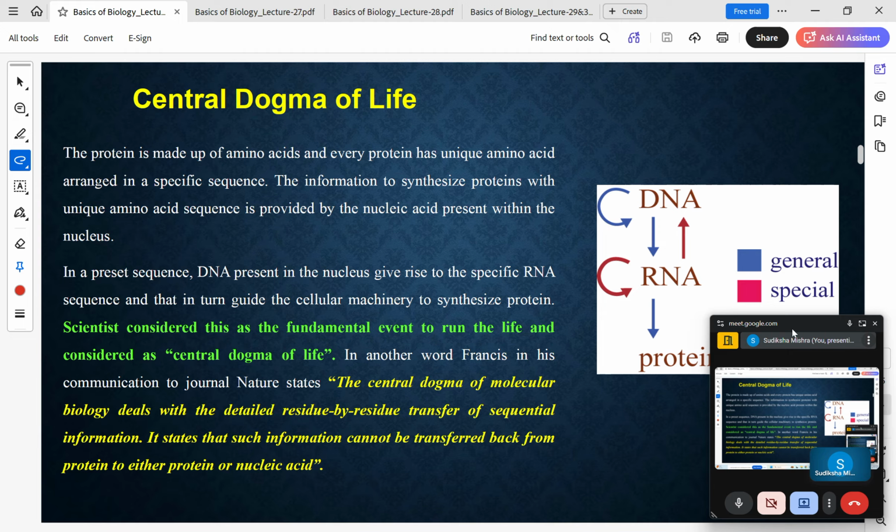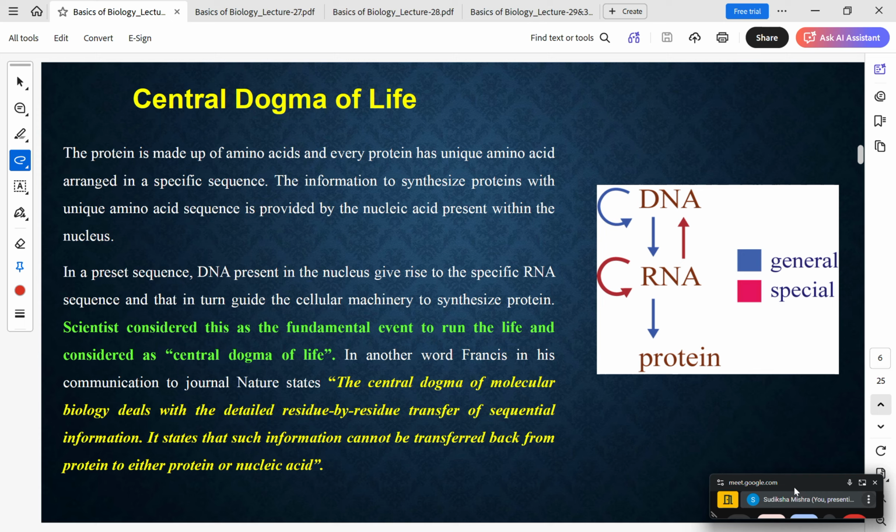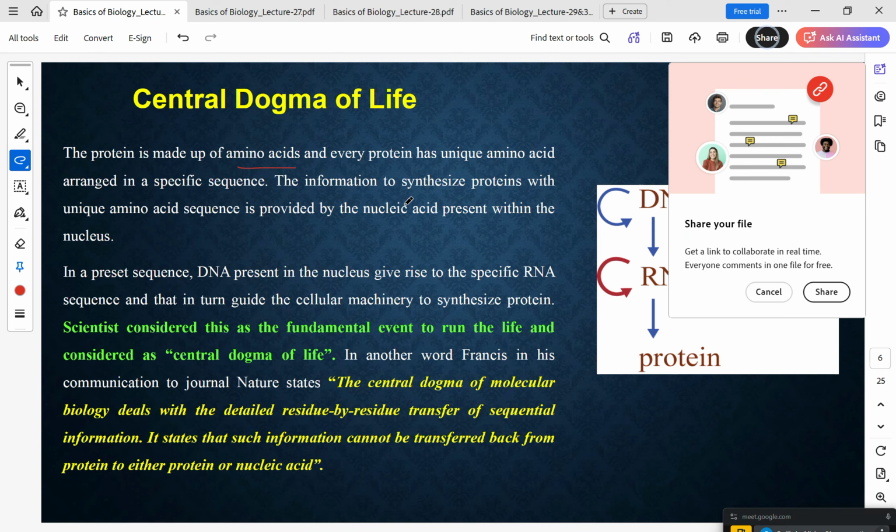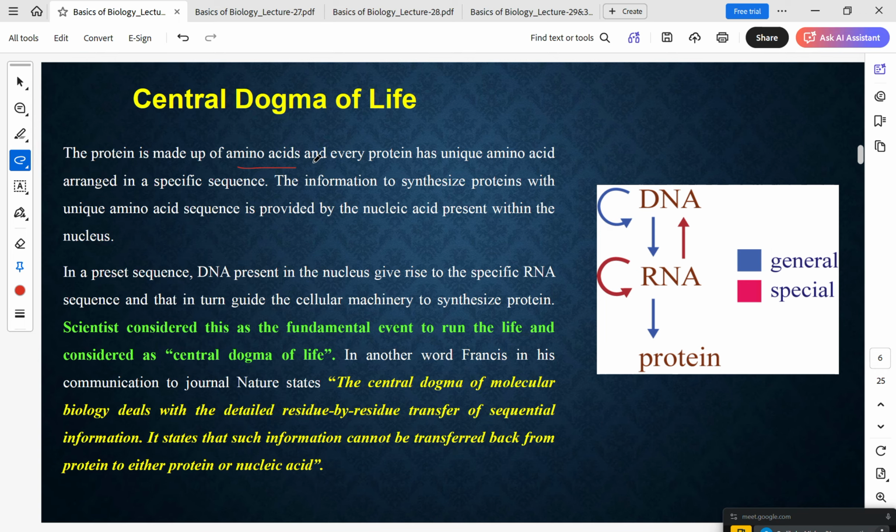A central property to all of this is the central dogma of life, which tells us how the basic molecules of a cell are made. As we know, every cell is made up of proteins, DNA, RNA, etc. These proteins are made up of amino acids, and every protein has a unique amino acid sequence arranged in a specific order.